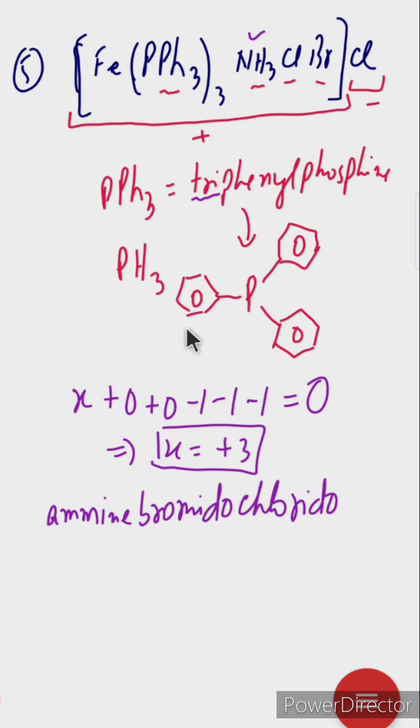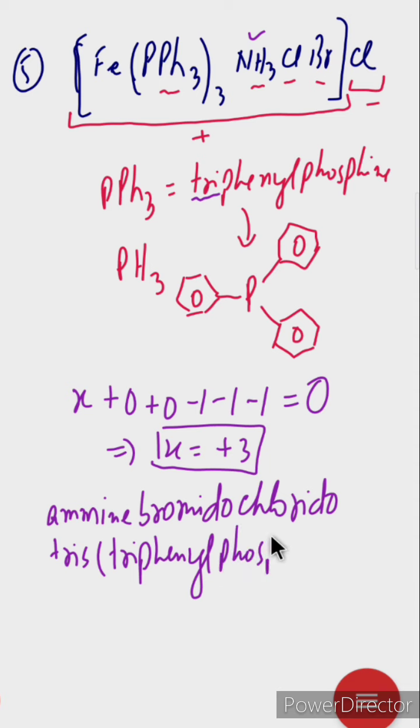Then tris(triphenylphosphine), tris in bracket triphenylphosphine, right? These are the ligands in alphabetical order.